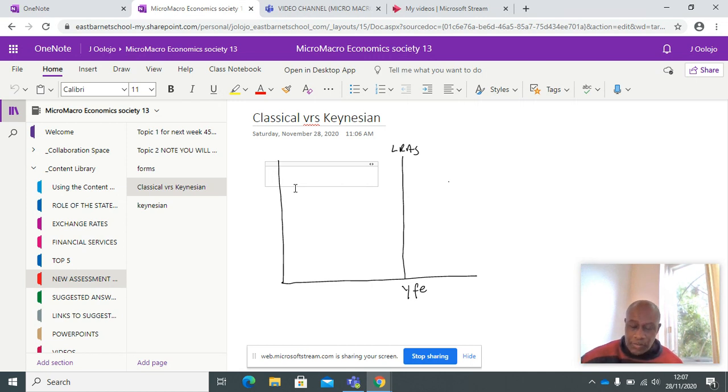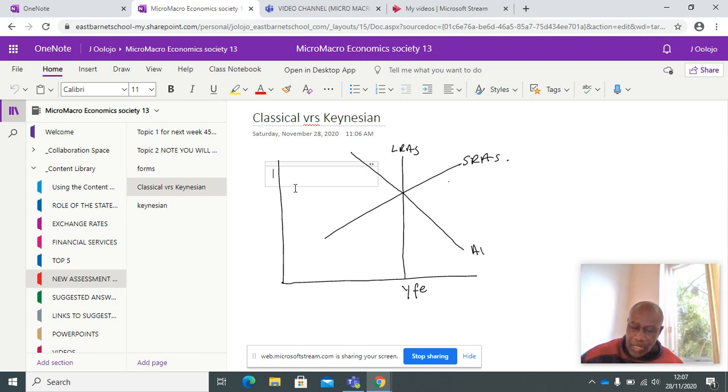So let's show the typical scenario here and show how the classical economists say the economy can revert back to full employment. Self-healing, as they call it. Let's assume that we're in the short run scenario, SRAS. The economy is doing quite well. We're actually at full employment.